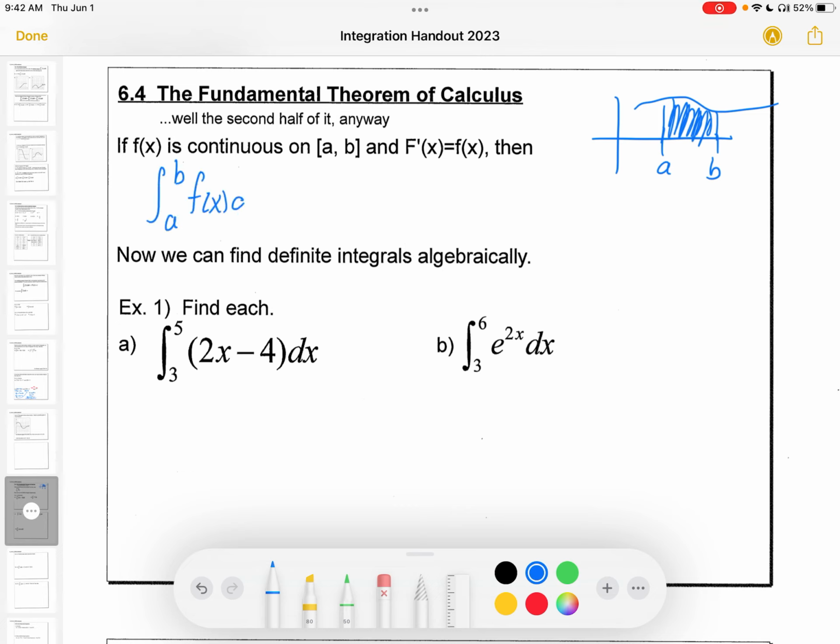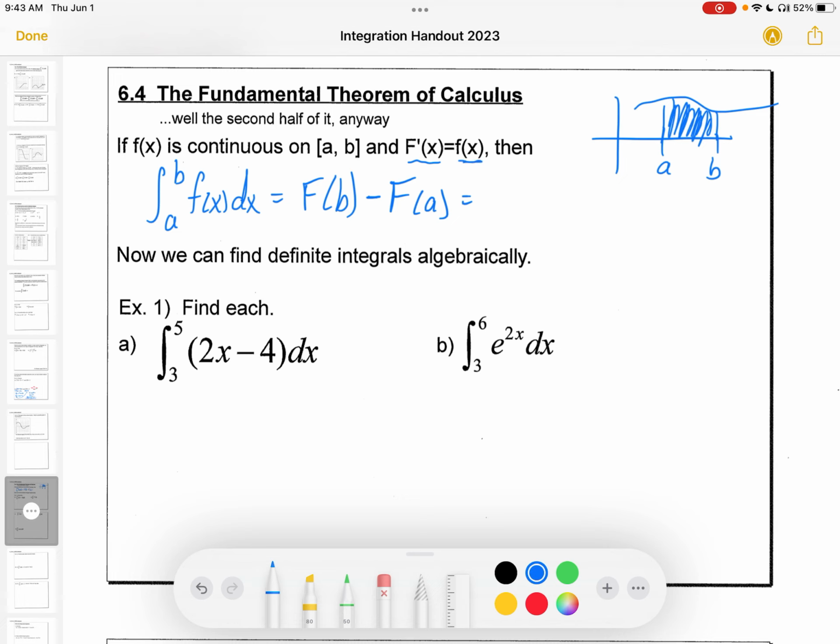The definite integral, which is that thing we're looking for, is just the antiderivative of the outer boundary, or the upper boundary, minus the antiderivative of the lower boundary. So these things all have something to do with each other. And the derivative of the antiderivative just gets you back to the original function.